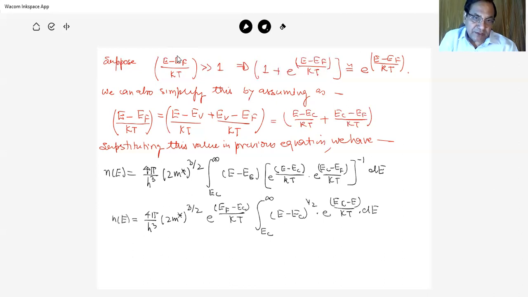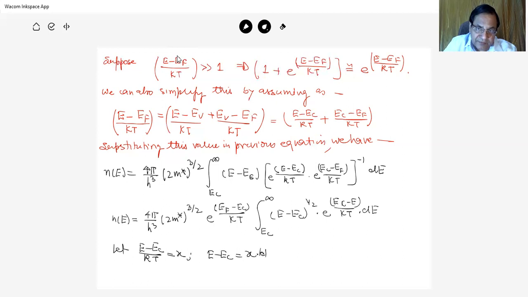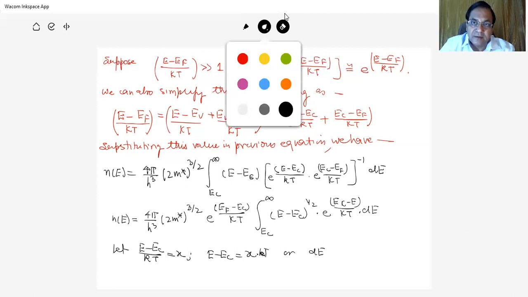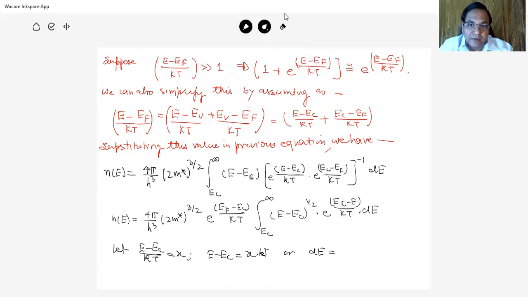Now in this expression, let (E minus EC) upon KT be equal to X. So E minus EC is equal to X into KT, and dE is equal to dx into KT.